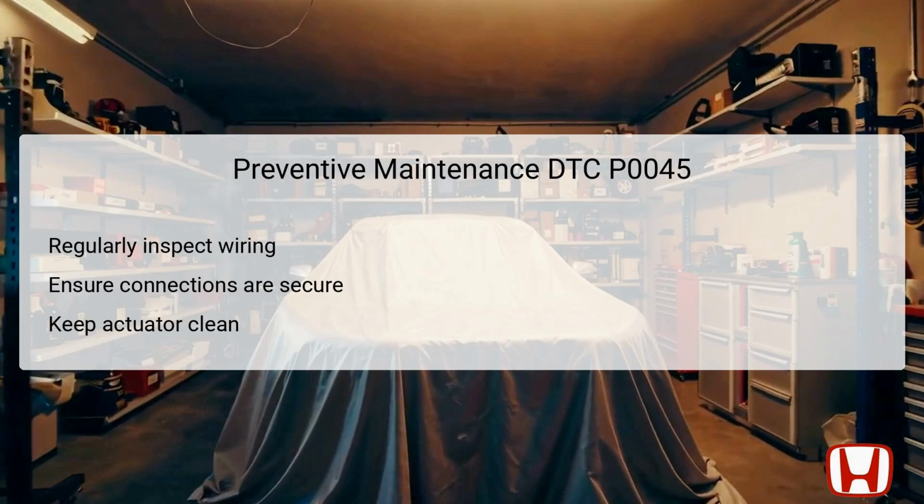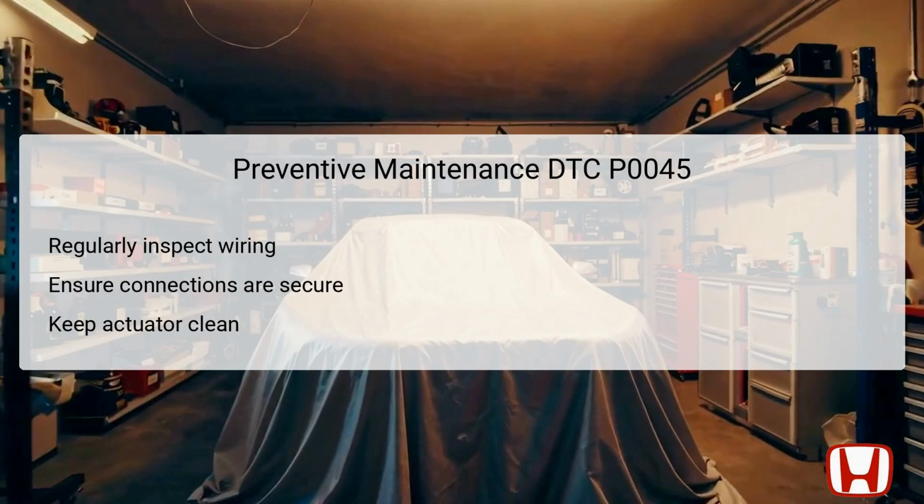Preventive maintenance is vital to avoid future occurrences of DTC P0045. Regular inspections of wiring connected to the Turbocharger Wastegate actuator can help identify any wear or early signs of failure before they escalate into larger issues.